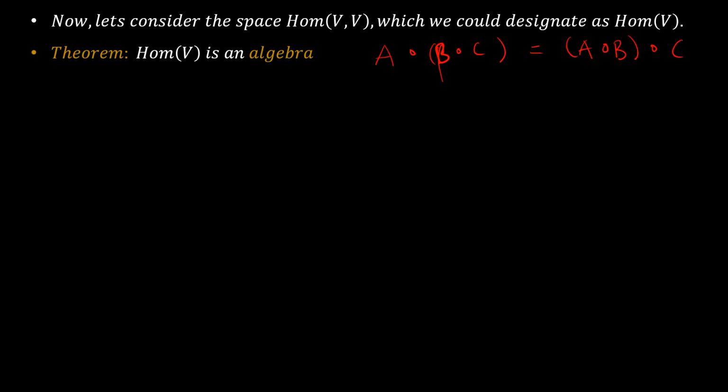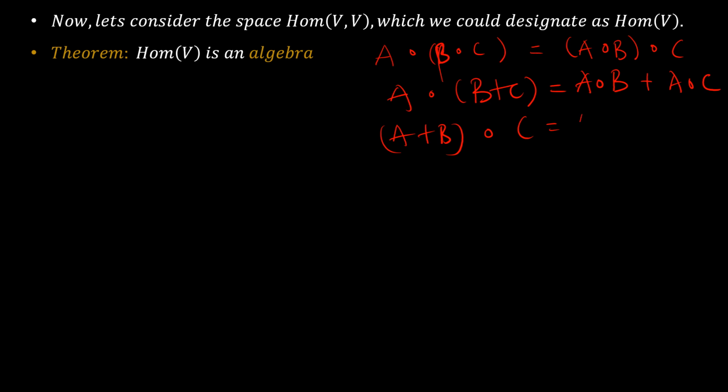And then if we have A and in brackets B plus C, this is the same as A composed with B plus A in composition with C. And the same thing happens if you have A plus B in composition with C, that's the same as A with C plus B with C.